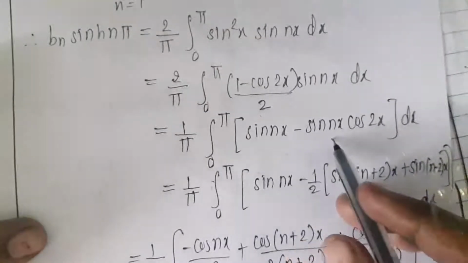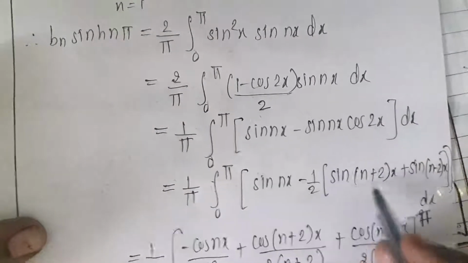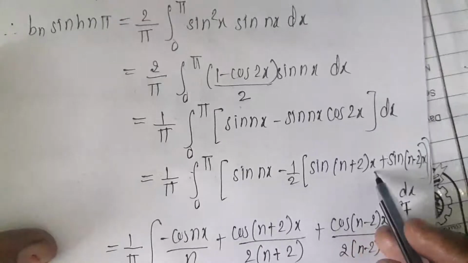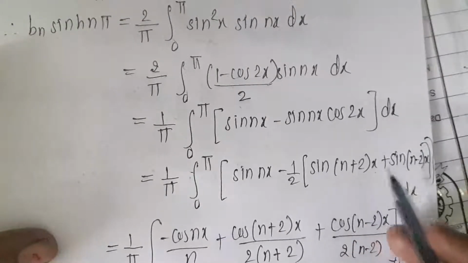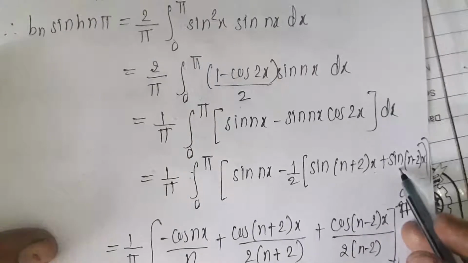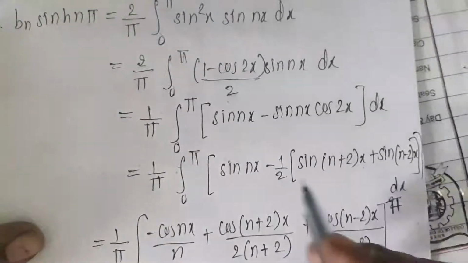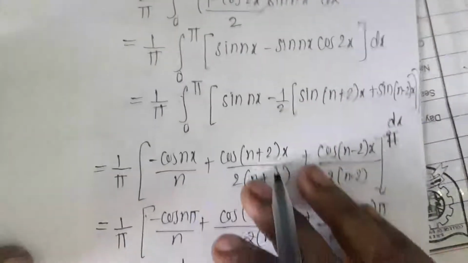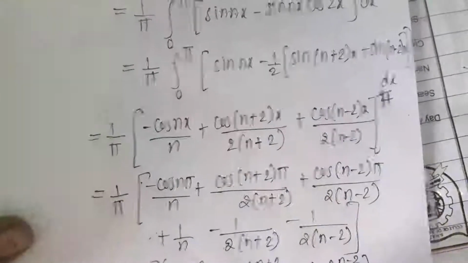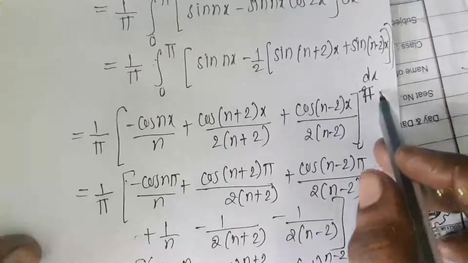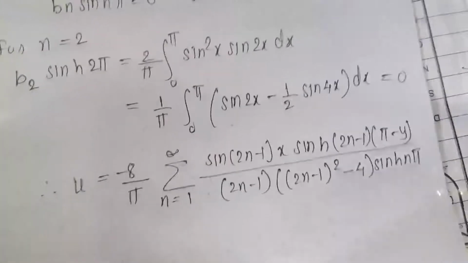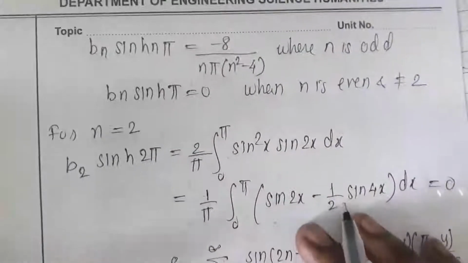But the formula for sin a into cos b is sin of a plus b multiplied by x plus sin of a minus b multiplied by x, whole divided by 2. So simplify it further, substituting upper limit, lower limit, first integrate it. You will get these steps. You can solve this. I am jumping directly to the bn value.